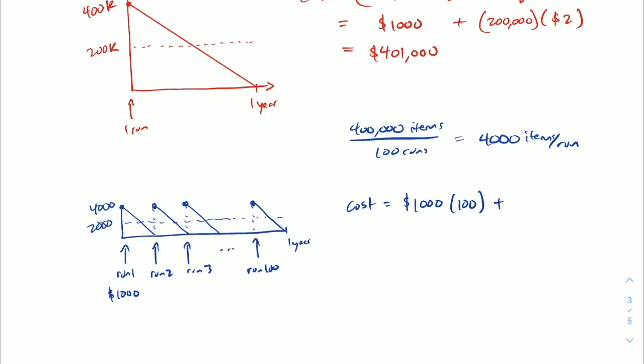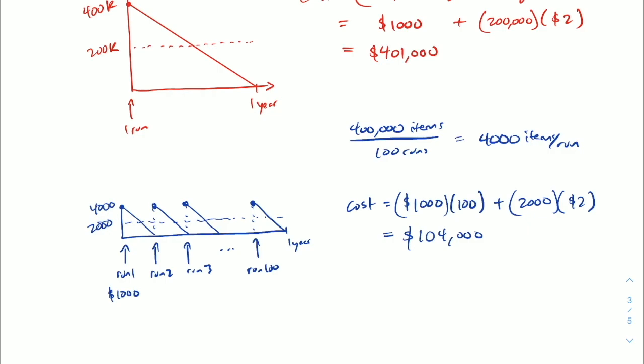So 2,000 items times $2. And that gives me 100,000 plus 4,000, so 104,000. So you can see we've saved money by trading our storage costs for setup costs. And now the question is, what's the optimal balance between setup costs and storage costs?